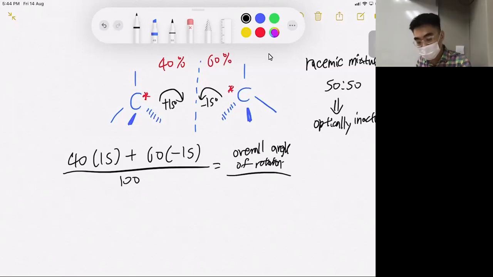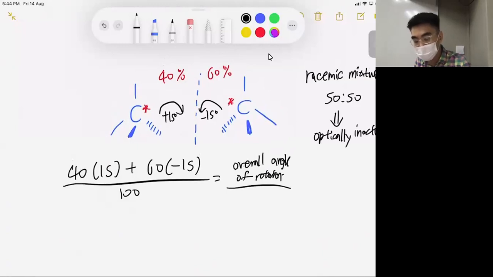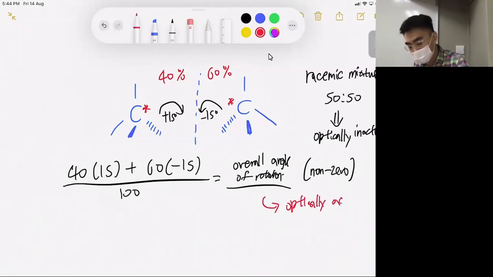And if this is a non-zero value, then you conclude that this is optically active because it will rotate plane polarized light. It happens that I just thought of it, so I thought I should remind you. This formula is quite commonly used.